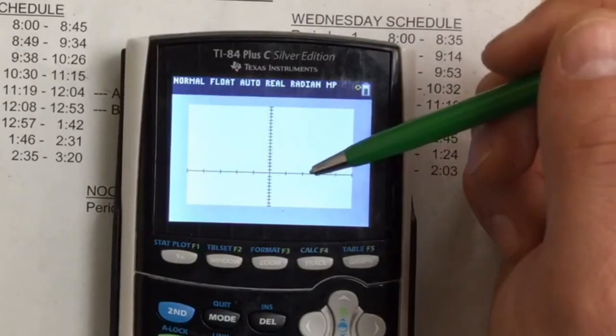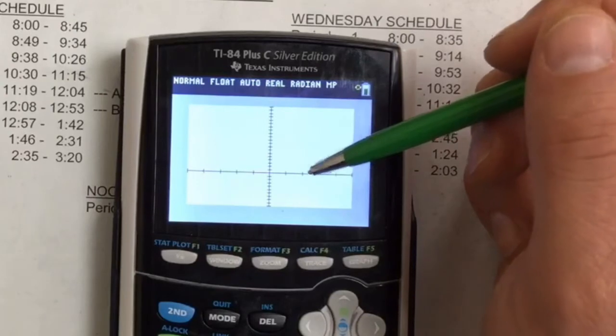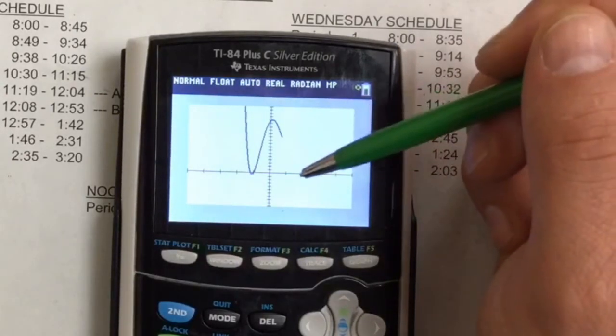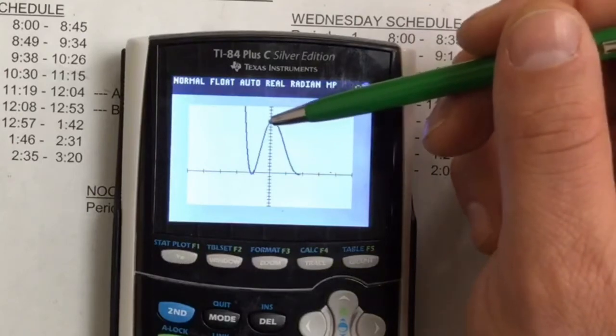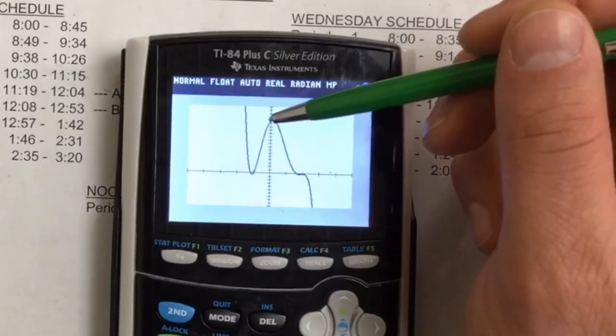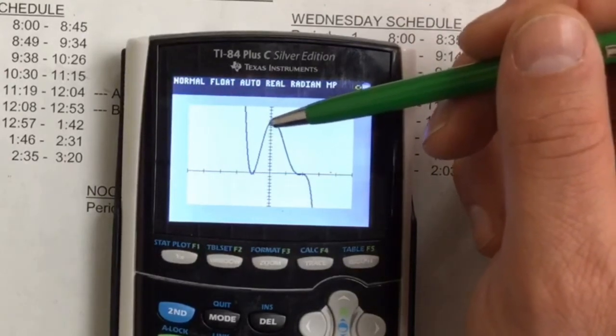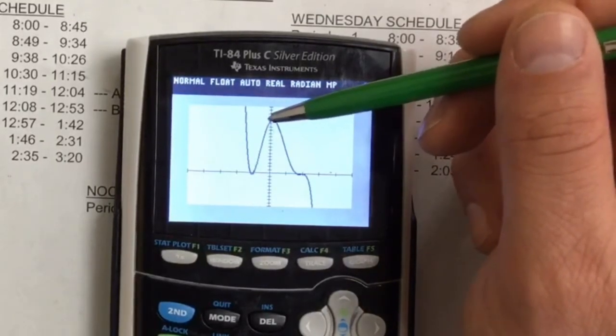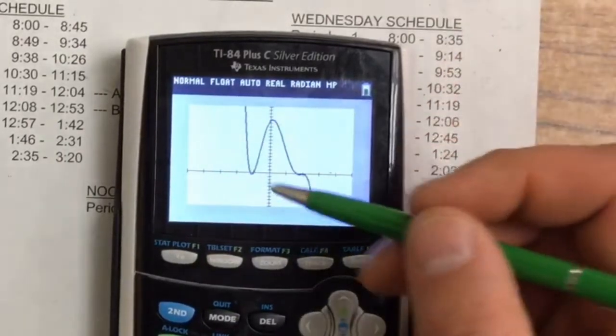We've got to find a few more zeros, but we might as well take advantage while we're zoomed in like that of finding those zeros there. You could have the calculator find the y-intercept here, but we don't need to. I think if we look at our problem, we could find that by letting x be 0, and it would just tell us what the answer is. So that's faster off of the problem, not the calculator.